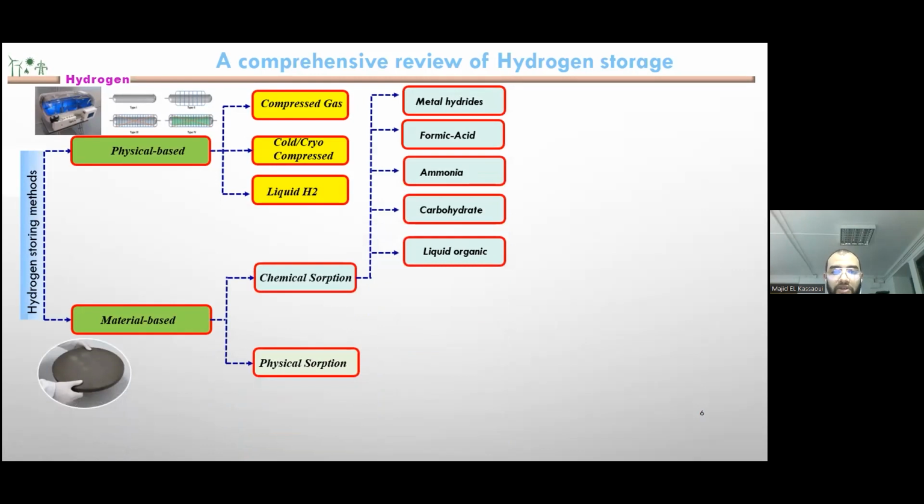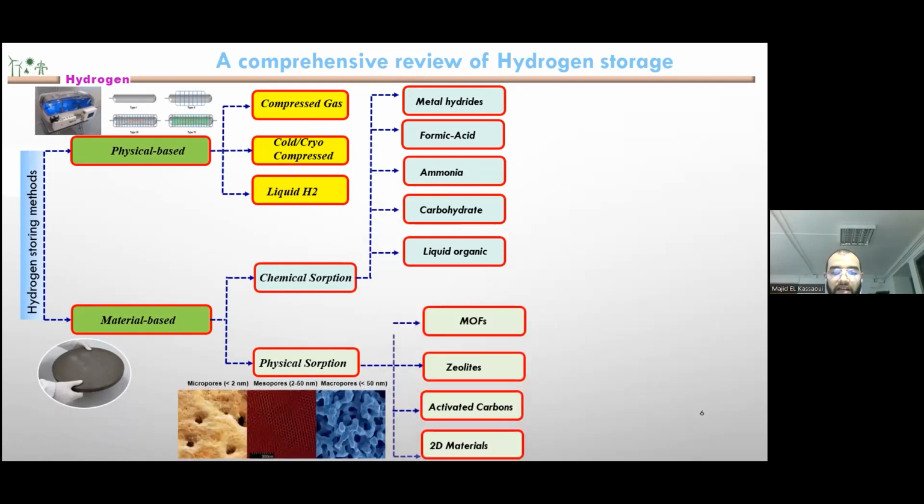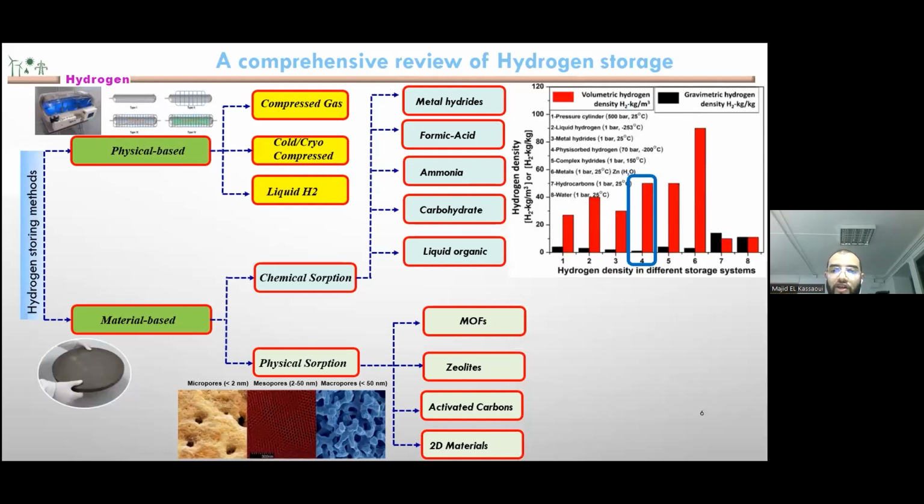For example, metal hydrides, formic acid, ammonia, carbohydrates, liquid organics, and another option is micropore or nanopore materials. The advantage of these materials is higher volumetric hydrogen density, but lower gravimetric hydrogen density.